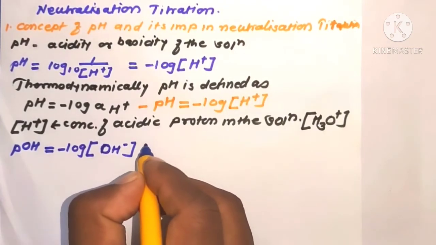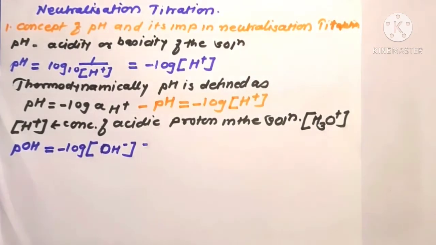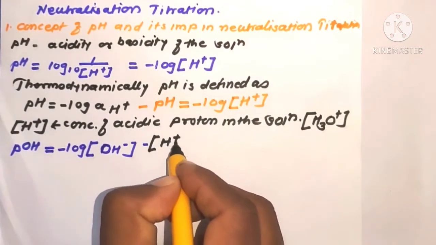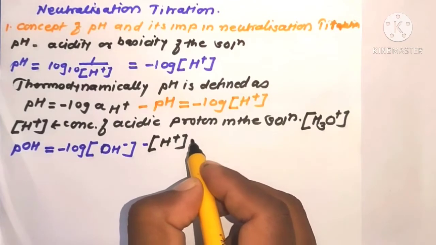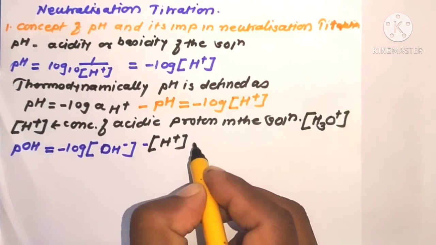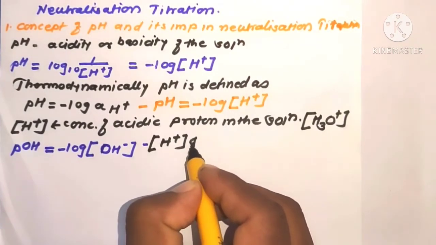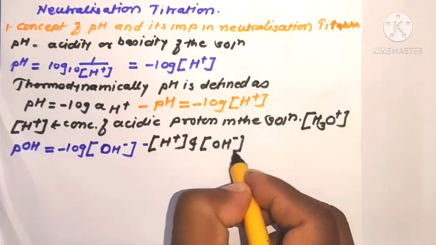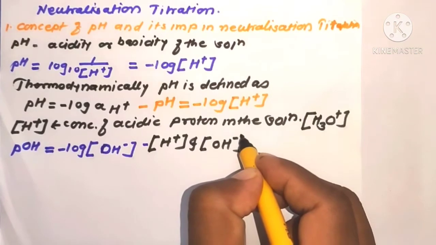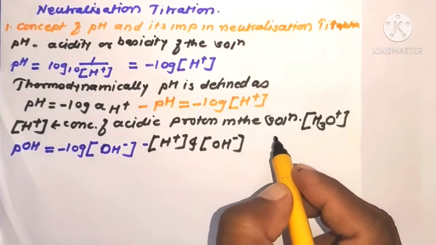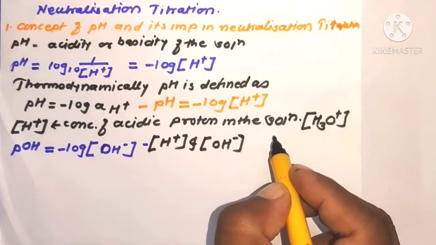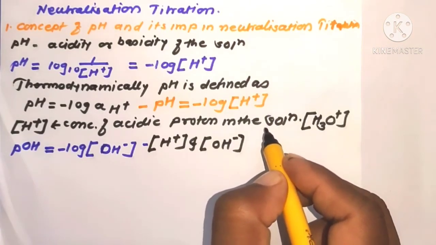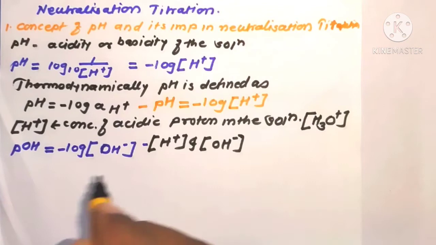The concentration of H plus ion and concentration of OH minus ion are connected by a relationship.